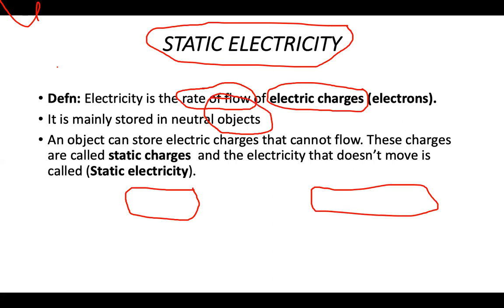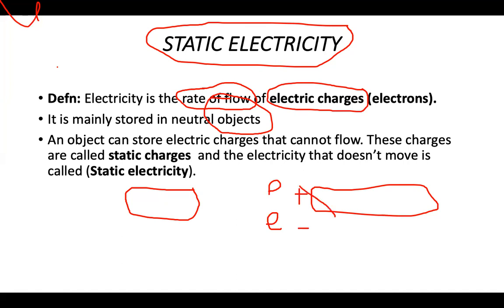Remember again, I'll be referring a little bit to chemistry, where we were told that a neutral atom is an atom which is not charged. Neutral as it may be, the number of positive charges and the number of negative charges are equal. That's why it is neutral.